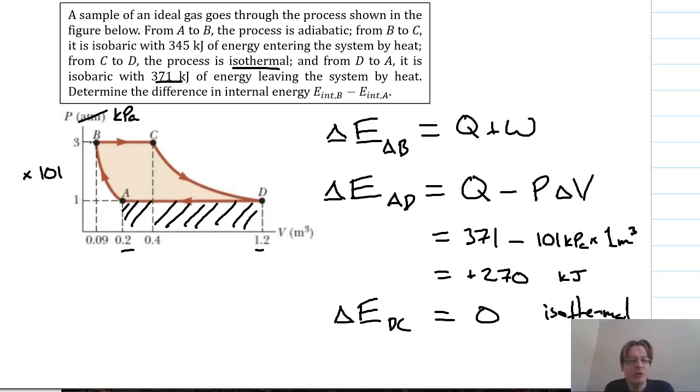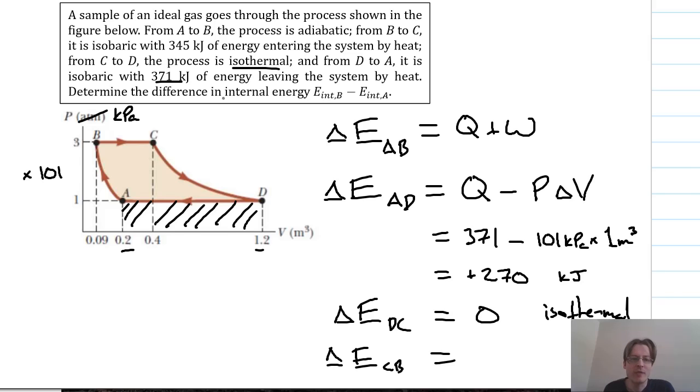Then C to B is the last leg. Delta E CB. So in this case, I'm told going B to C that requires an input of energy because that's making the gas expand, you heat into it.